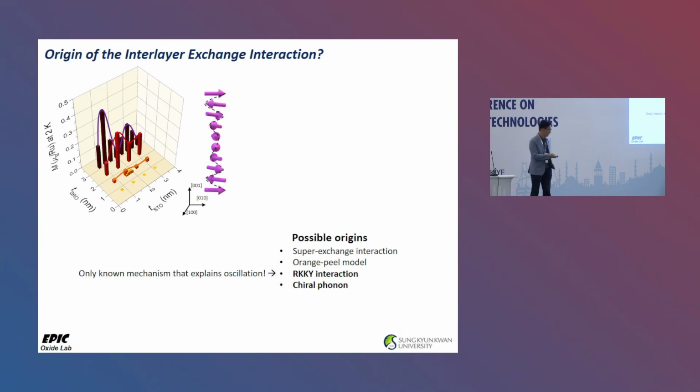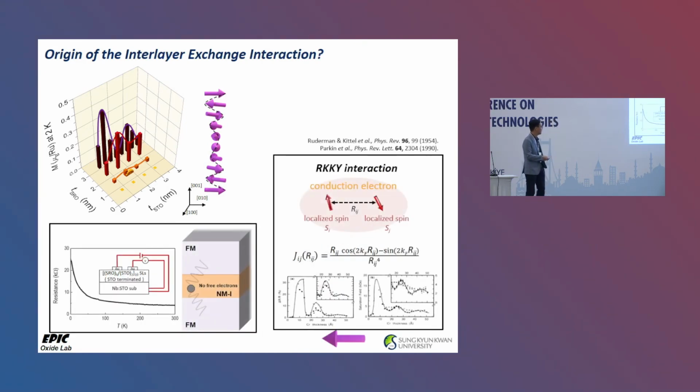So RKKY actually gives you the oscillation. So there are a cosine term and a sine term in this, and there is oscillation of the J value, which is the exchange coupling or exchange integral, and it changes sign as you change the thickness between these 2 localized spins.